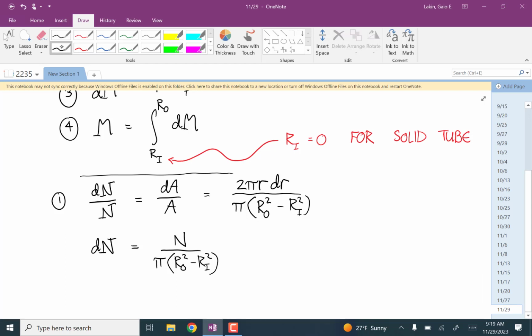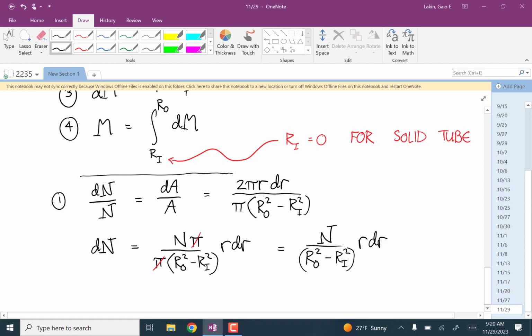So those pi's cancel out, times r dr. So we got N over R outer squared minus R inner squared times r dr. Are we missing a factor of 2? Yes. Thank you. Okay, so that's the normal force.